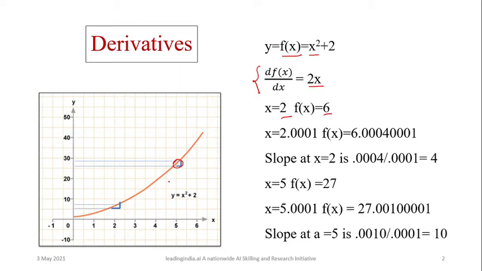If your input number is increasing and your function value is also increasing, it means your slope is positive. And if your input value is increasing but your function value is decreasing, it means your slope is negative. So this derivative defines the slope.